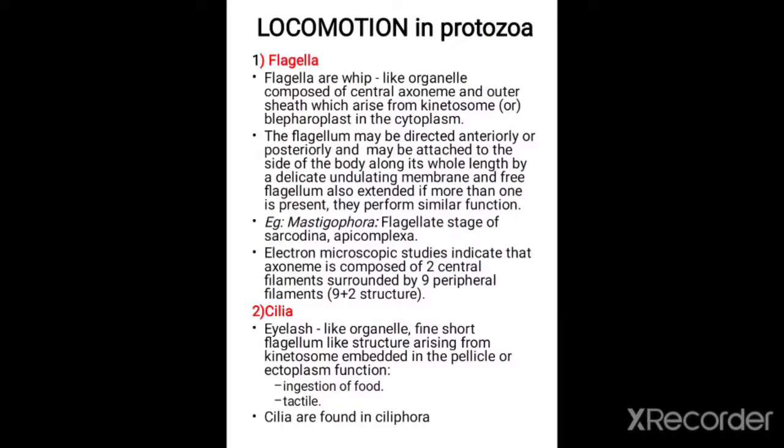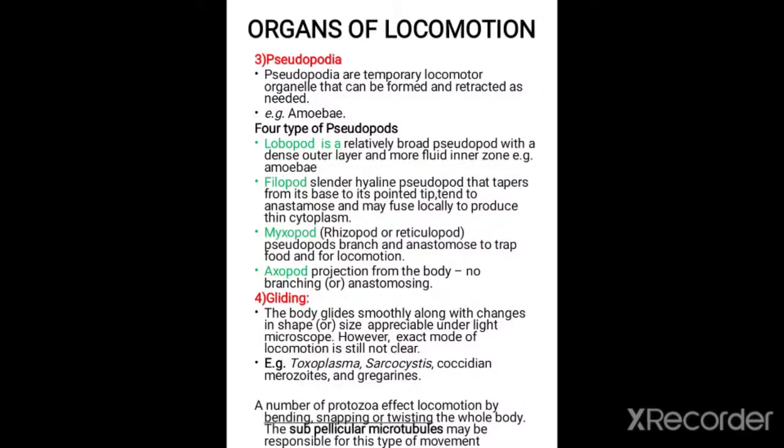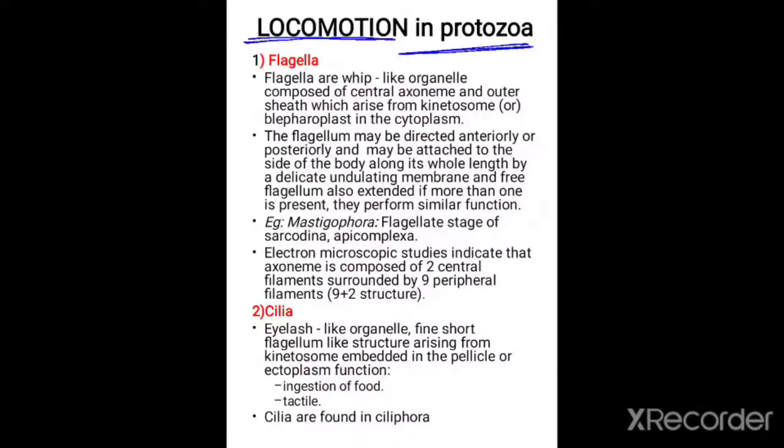Now let us come to locomotion in the protozoa. It is done majorly by three to four structures such as flagella, cilia, pseudopodia, and another mechanism, gliding. First let us discuss flagella. Flagella is a whip-like structure which is composed of a central axoneme and an outer sheath.